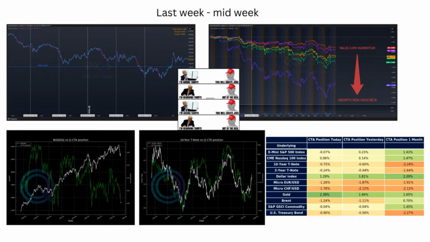So I also added CTAs down here, beginning on the left-hand side with the NASDAQ, going over the 10-year futures, and then a little table on the right side. They are actively reducing their exposure, right? Out there are many CTA models.